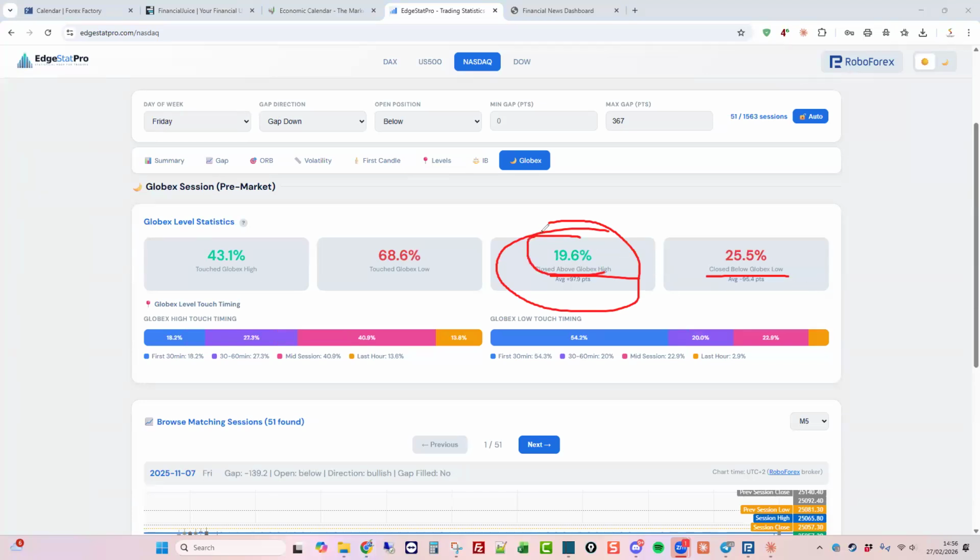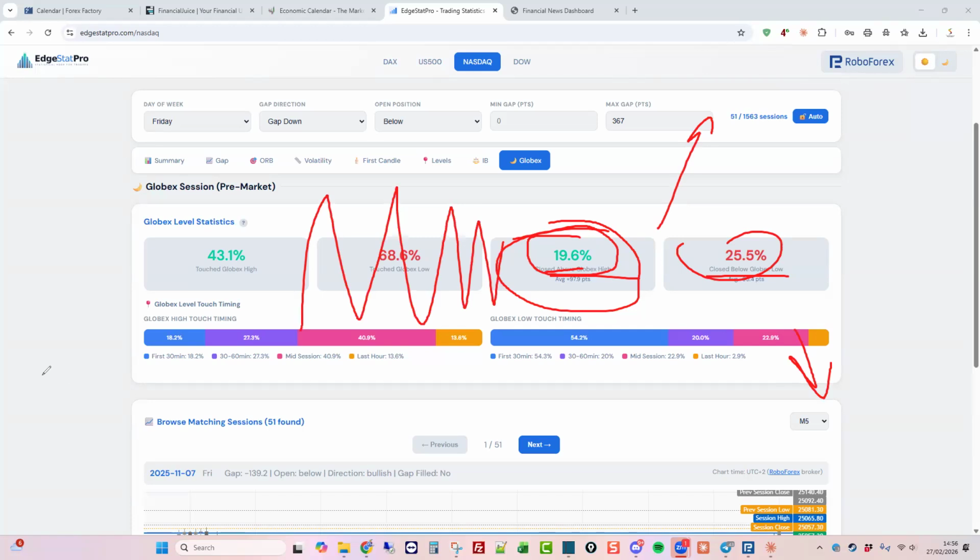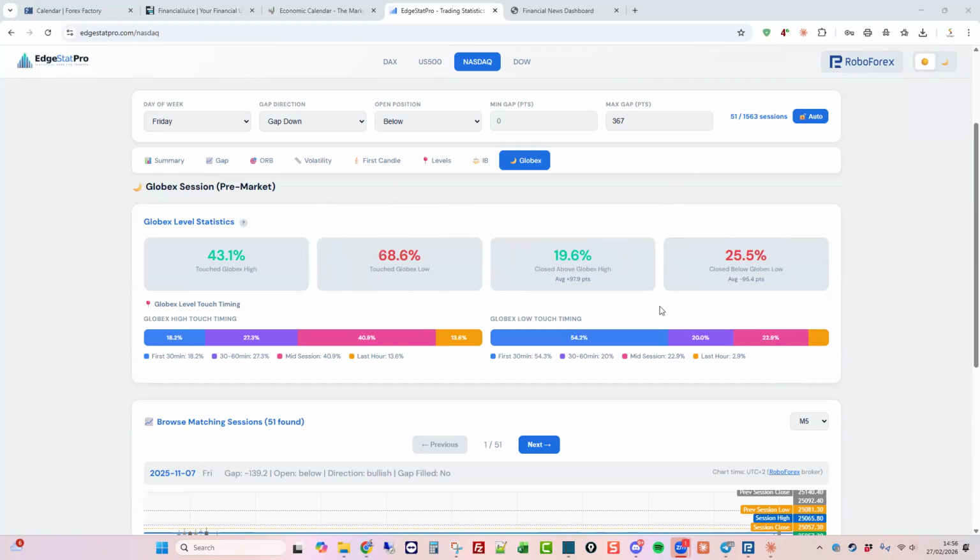So when you've got a statistic like we have today, 19.6% above the high and 25% below the low, it means that there is a much higher probability today that we will close within the Globex range. So you can take from this information here, there is a 45% probability of closing outside, which means there's more probability, 55%, that we will close within the Globex range today.